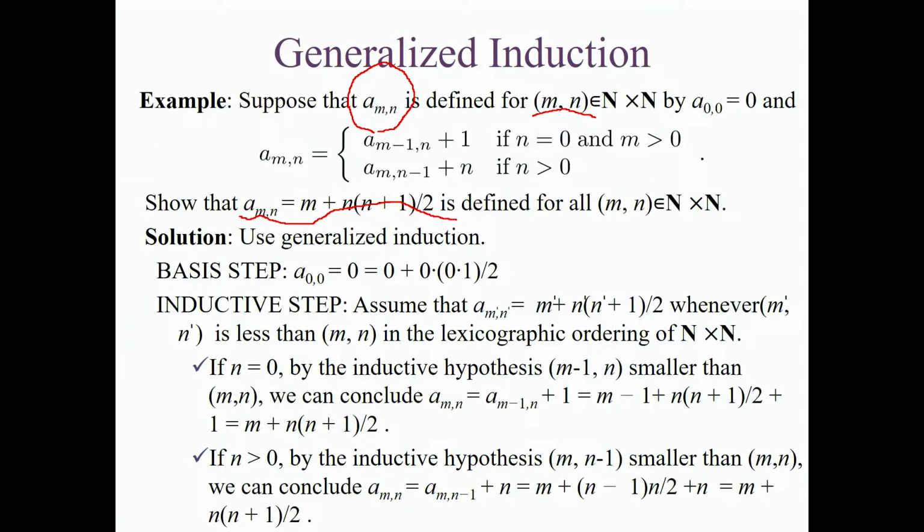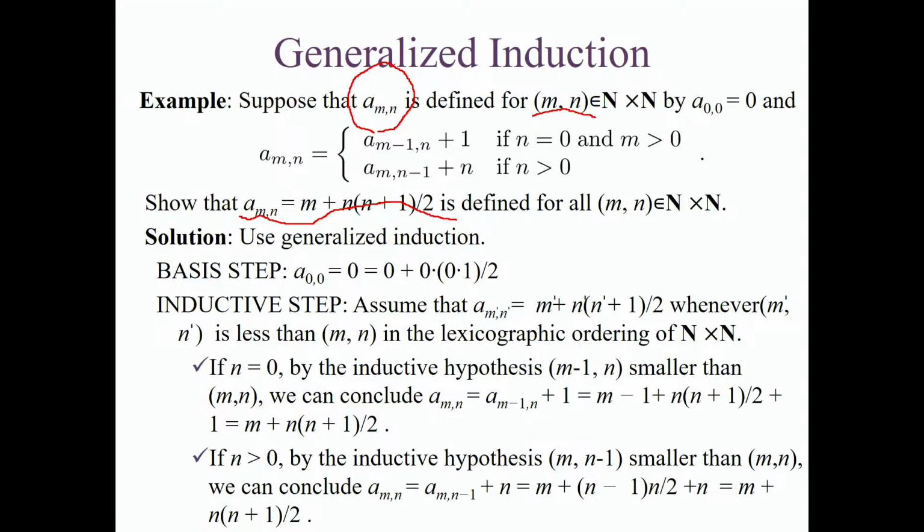So A(m minus 1, n) will be (m minus 1) plus n times (m plus 1) divided by 2. Then we have plus 1 in the end. So this gives us m plus n times (m plus 1) divided by 2. That verifies our equation is correct.